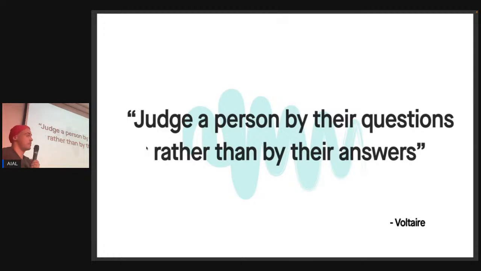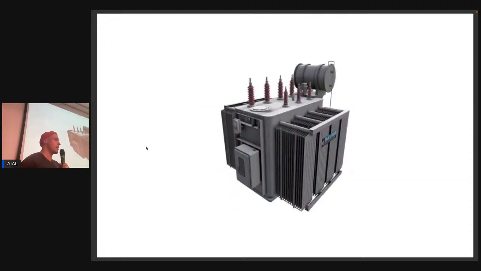And, well, since it's a presentation, we have to have a quote here. Judge a person by their question rather than by their answers. This relates to how you should start with a question. All right, but say that you did clarify that you did need a model, and you choose that model to be a transformer. Does everyone know what a transformer is? Nobody knows.